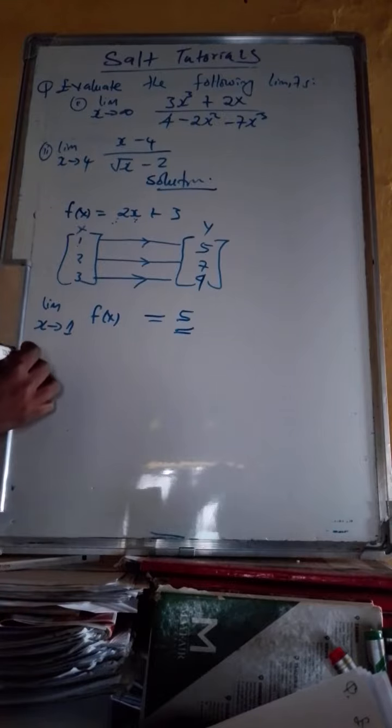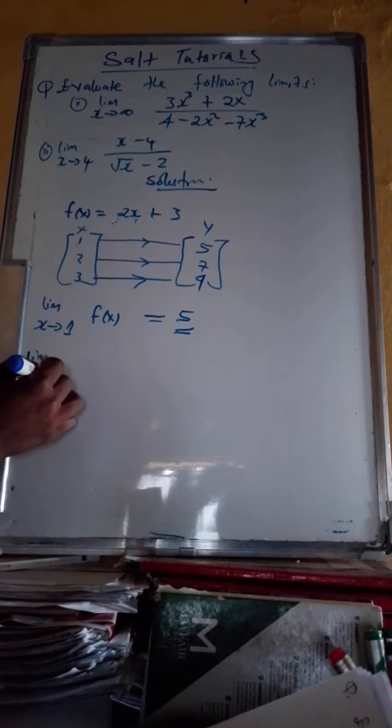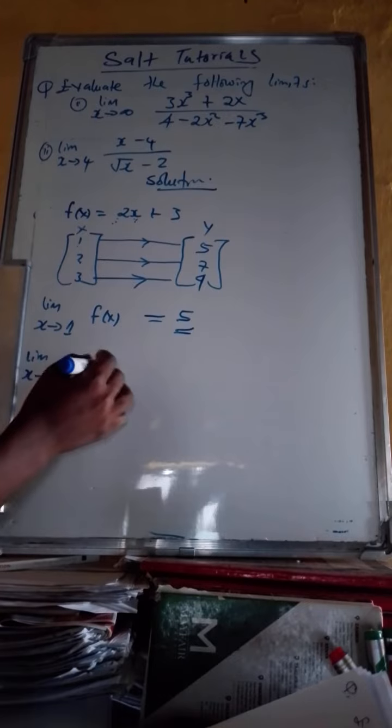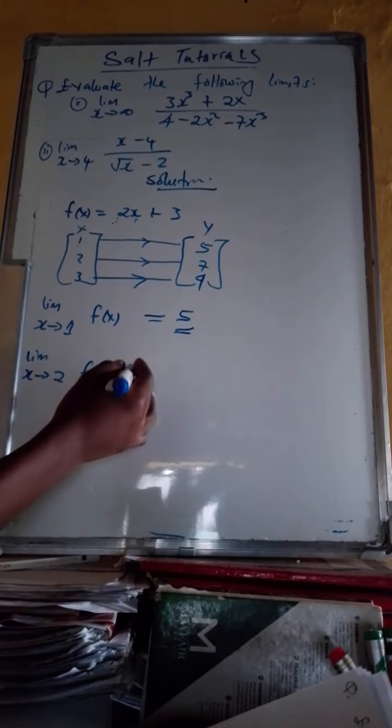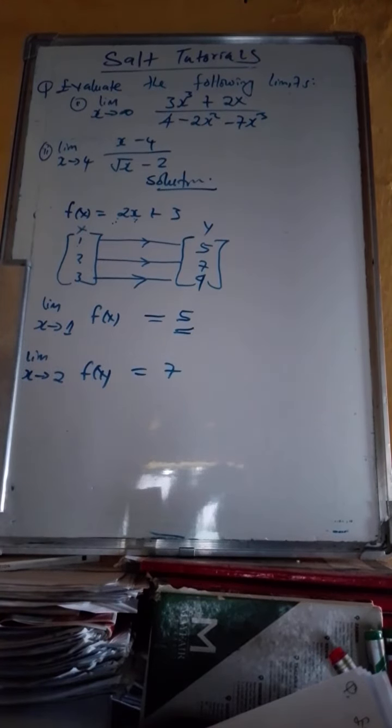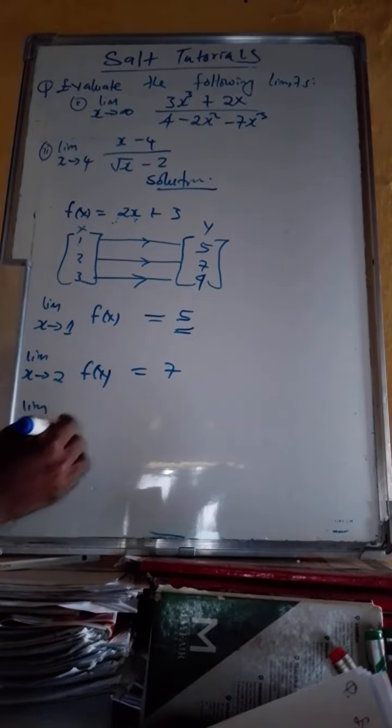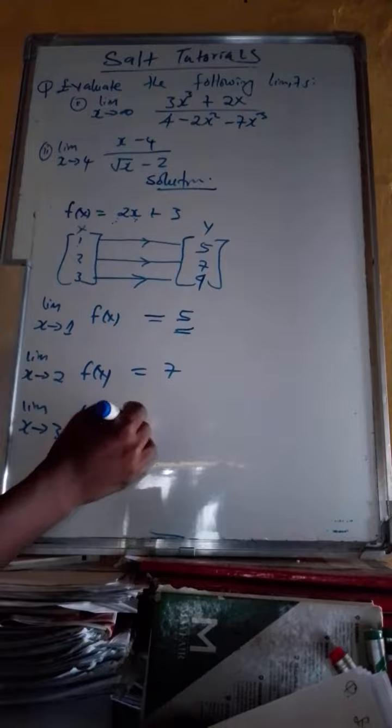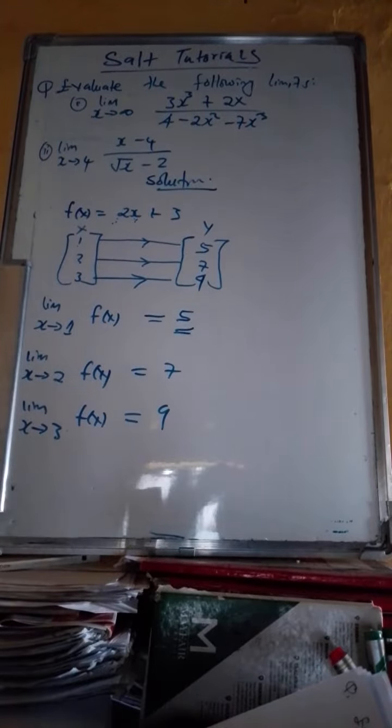So if I'm looking for the limit as x approaches 2 of f of x, then that limit is equal to what? 7. The limit as x approaches 3 of f of x, that limit is equal to what? 9. That's what we need. So basically when you look at limits, we are looking at it as x draws nearer to this, what value are we going to have?